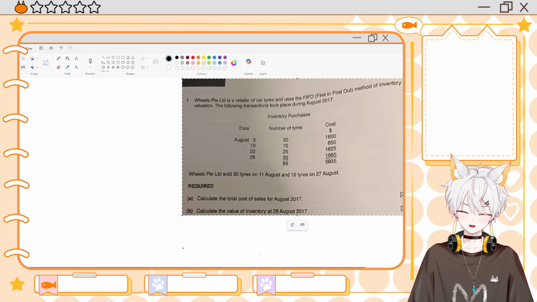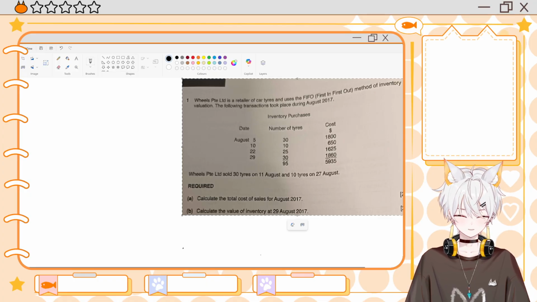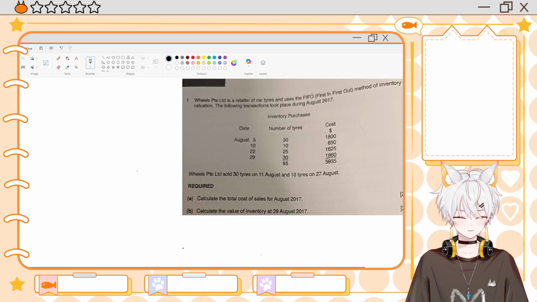Okay, so let's just start with a question, because it's easier. Let's look at the first question, 1A. They want you to find out the total cost of sales for August 2017.